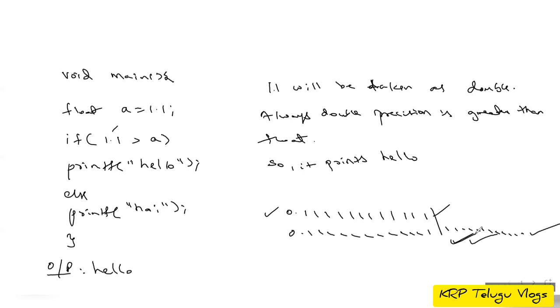Okay. Next, I have this one. This is the last program for today. void main, printf of %d, comma, sizeof of 2 plus 2.5.